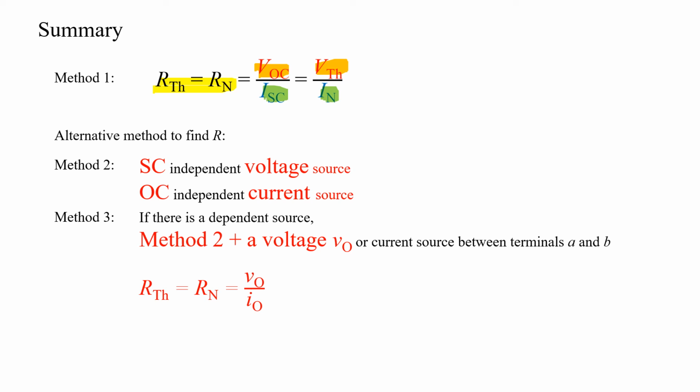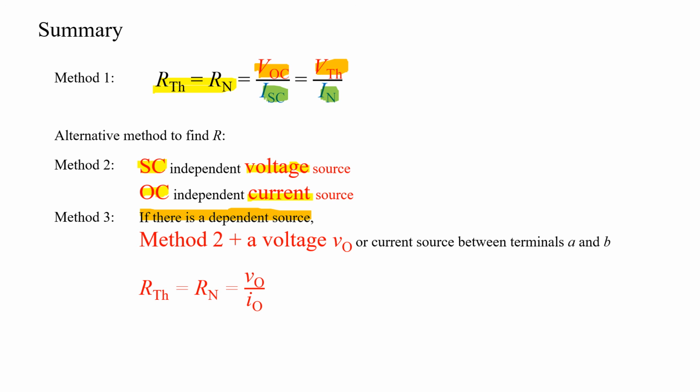Alternatively and optionally, we can use method 2 to find the Thevenin and Norton resistance by short circuiting the independent voltage source and open circuiting the independent current source. In case there is a dependent source, we must not open circuit or short circuit the dependent source.